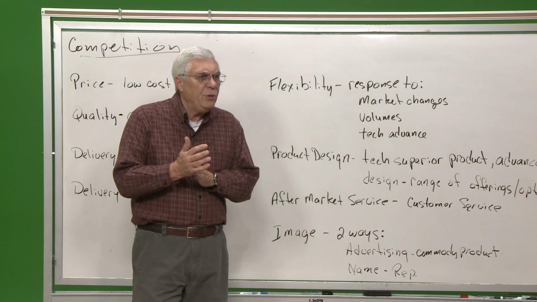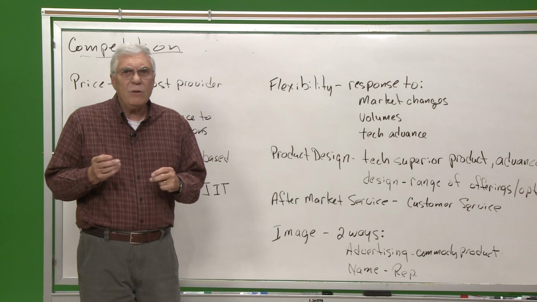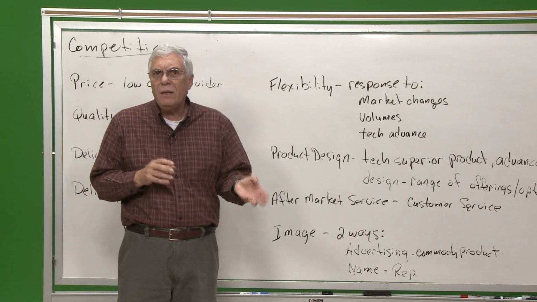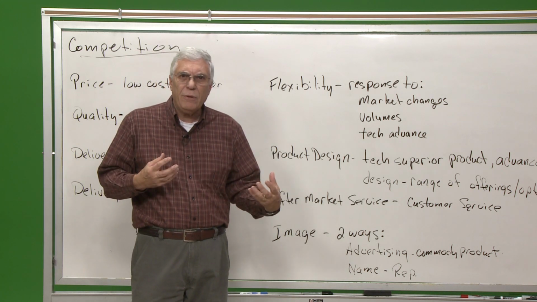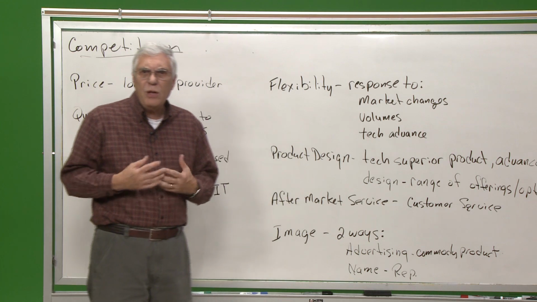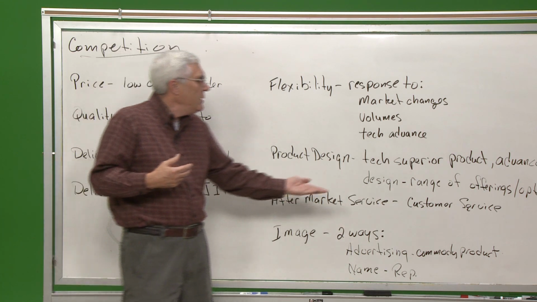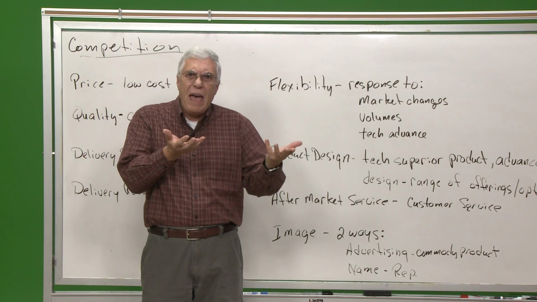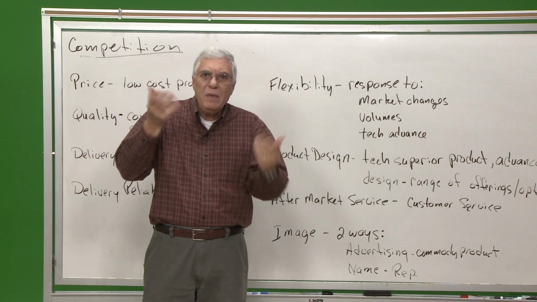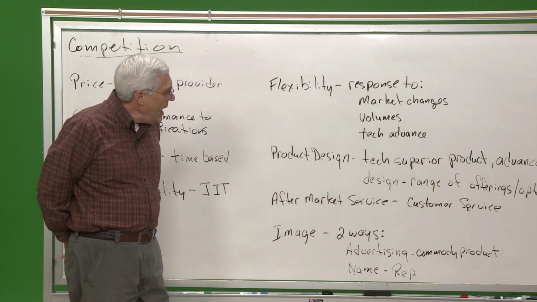Often these companies are referred to as oligopolies, which means they both make exactly the same thing, and there is no discernible difference from one to the other. In other words, each one has the same level of specifications, the same level of components. They're virtually identical. There's no discernible advantage to buying one over the other. What do you do? You need an advertising campaign that promotes your product, so that from the advertising you see it as being the better product, or the product that you want. Your perception is.